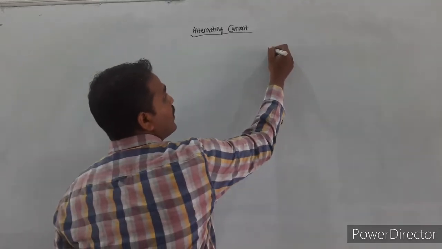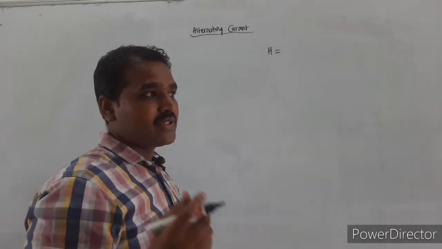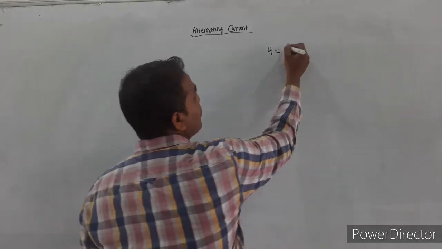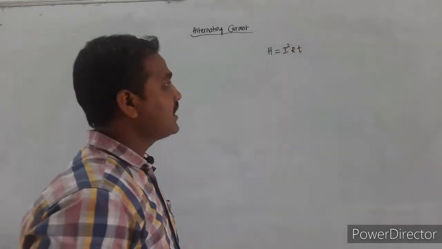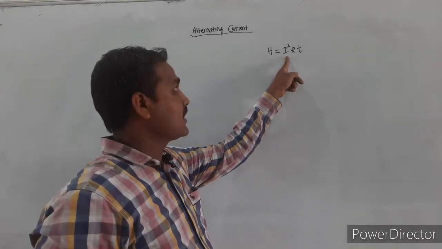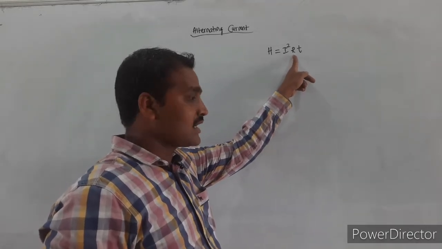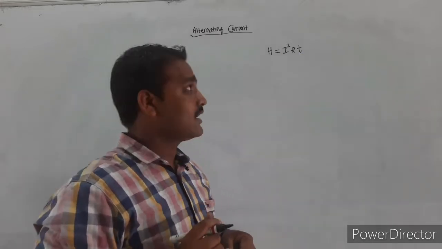Whenever current flows through a conductor, it is always associated with heat losses. That heat loss is given by I square R t. This heat is directly proportional to the square of the current flowing through the conductor, the resistance of the conductor, and the time for which the current is carried in the conductor.